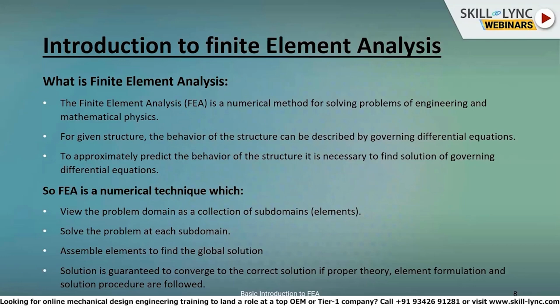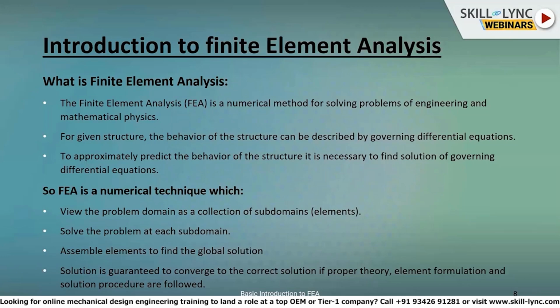We solve the problem at each subdomain, then assemble the elemental level equations to find the global solution. The solution is guaranteed to converge to the correct solution if proper theory, element formulation, and solution procedure are followed. So this is basically FEA that we have for continuous problems.